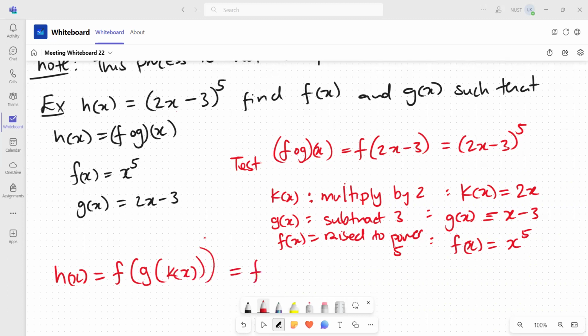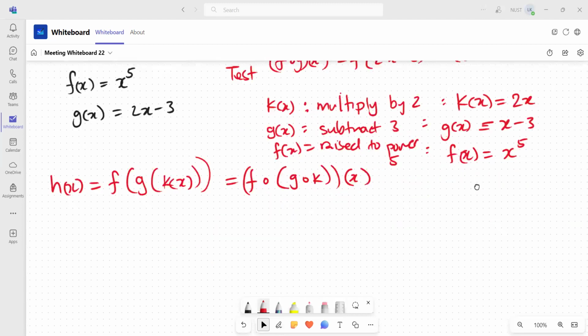You would say this is f of g of k of x. Okay, so like I said, this is not unique. So one person may write it this way, because when I do compose these 2 functions, they give me that. And another person could decompose it into these 3 and also get the same thing.